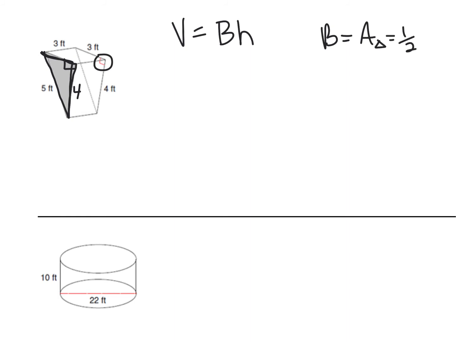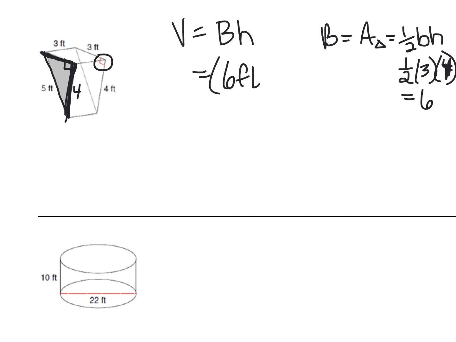That's 1/2 the base of the triangle times the height of the triangle. So our base and height are going to be the 3 and the 4, since they're perpendicular. And so that is 6. So here we have our base area is 6 feet squared.